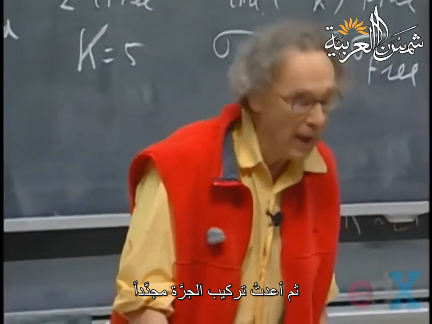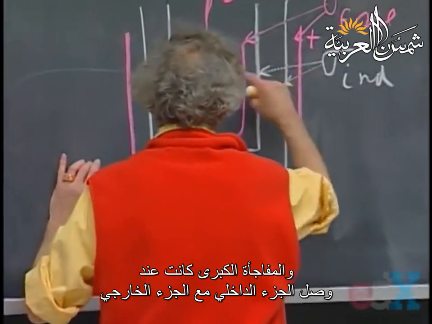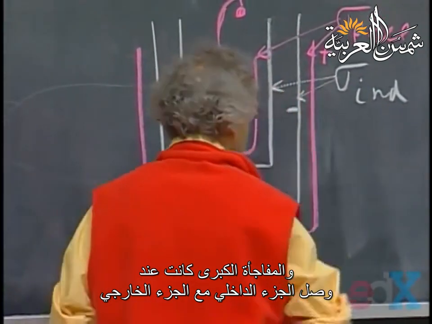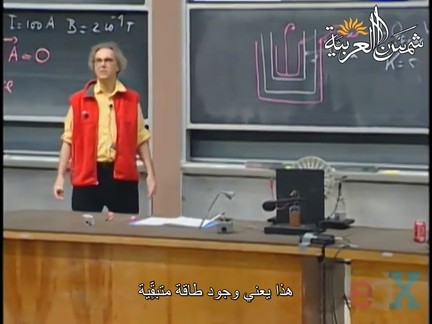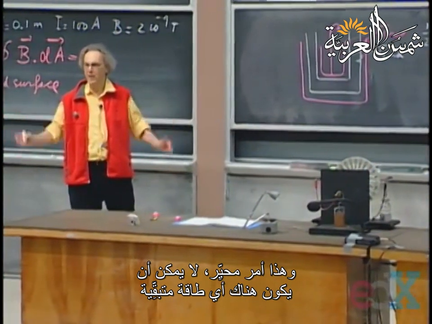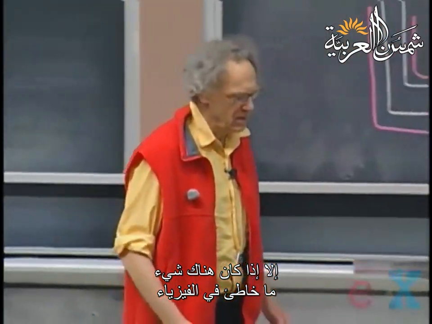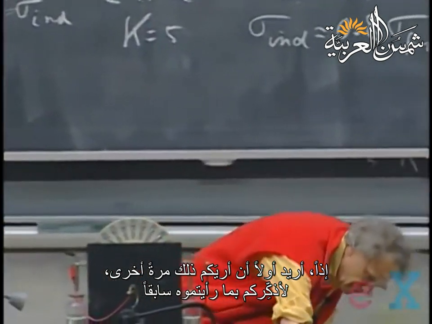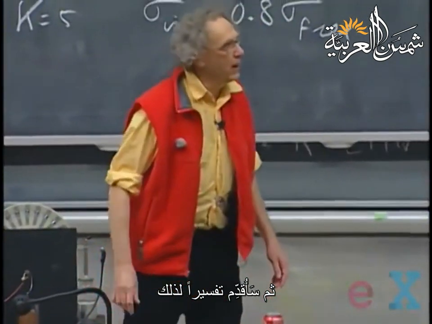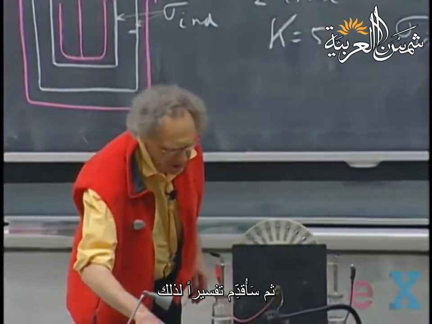And then I assembled it again, and much to our surprise, when I short out the inner portion with the outer portion, we saw a huge spark. That means there was energy left. And that is very puzzling. There cannot be any energy left unless there's something wrong with physics. So I first want to show that again to remind you of what you have seen before, and then I will make a proposal for an explanation.